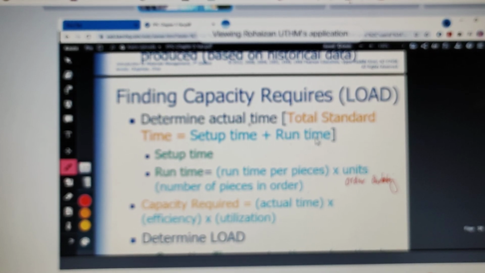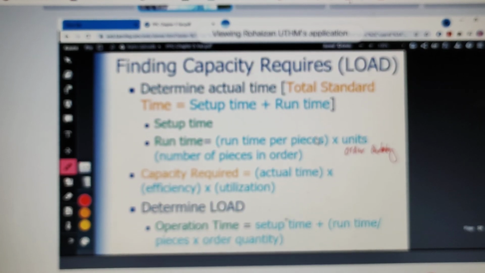That is one. The second one: sometimes we do not know our setup time and run time, but we know our efficiency and utilization. How do we get the actual time? We use this formula.